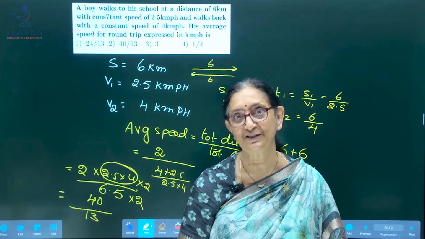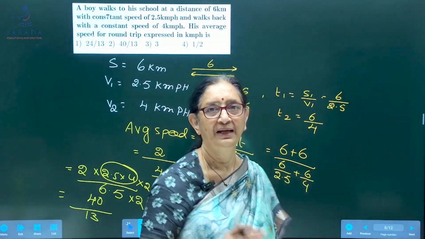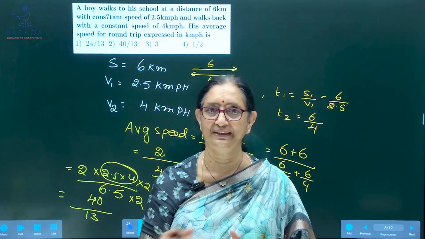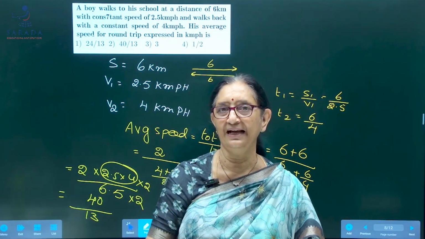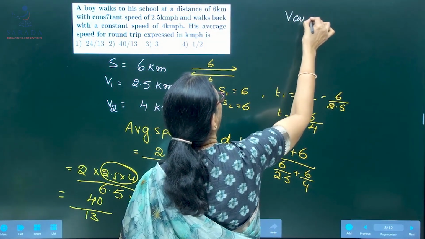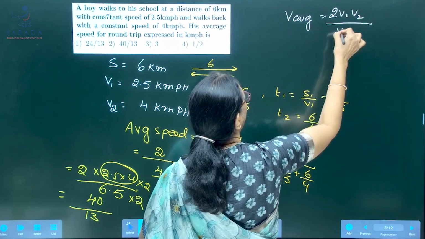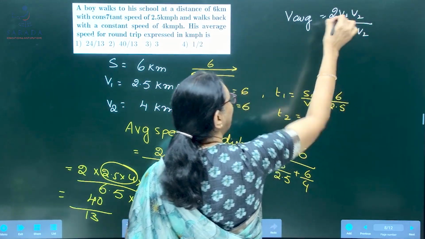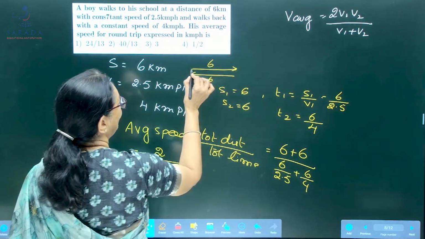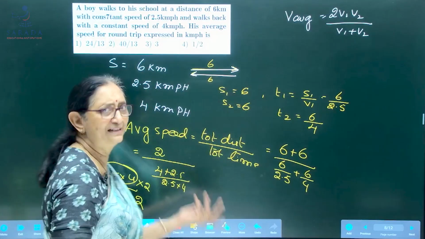But in the synopsis part, we have learnt a shortcut method. Suppose a body travels half the distance with a speed v1 and the next half the distance with a speed v2, then average speed is 2 v1 v2 by v1 plus v2. If you remember that formula, because he is traveling 6 kilometers in this direction, and the same 6 kilometers in the opposite direction.